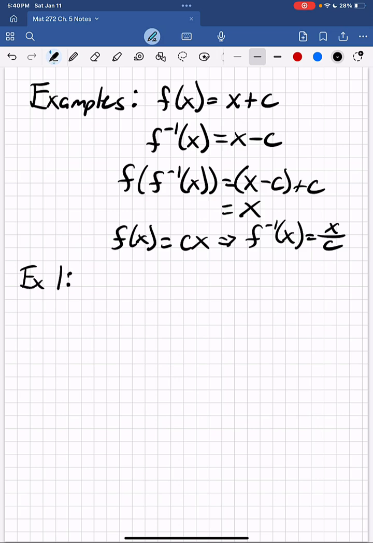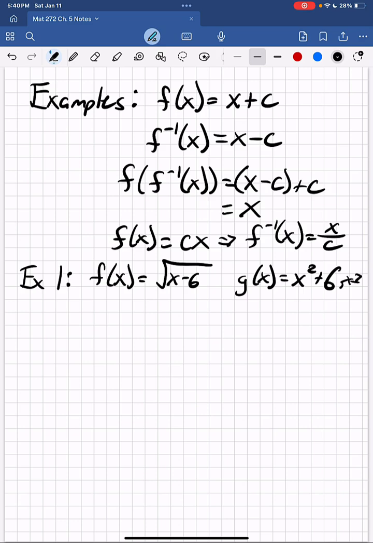Let's say that we have a function f of x to be the square root of x minus 6, and then g of x is equal to x squared plus 6. Okay, and we're going to restrict x to be greater than or equal to 0. All right, so all I have to do is test this out in both directions.